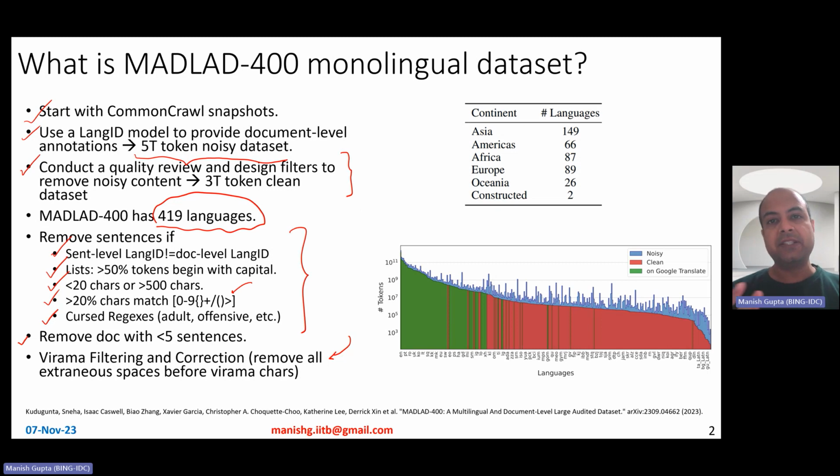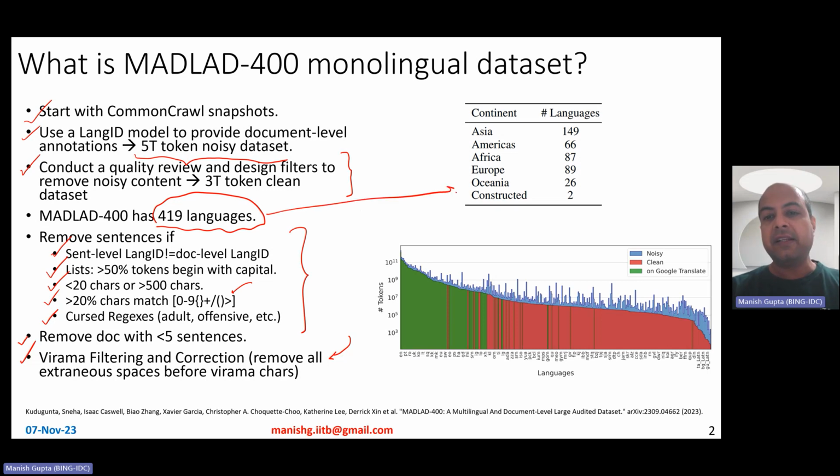Now, what happens in many of these languages, and it's not just Indian languages, it's also other languages like Khmer and so on, is that oftentimes in Unicode encoded documents, there's an extra space that comes before the Unicode character for the viram or the halant. So that is why they do this viram filtering and correction. They remove all those extraneous spaces before these viram characters.